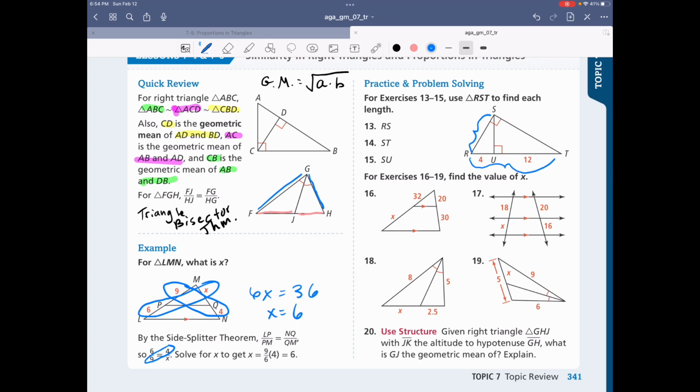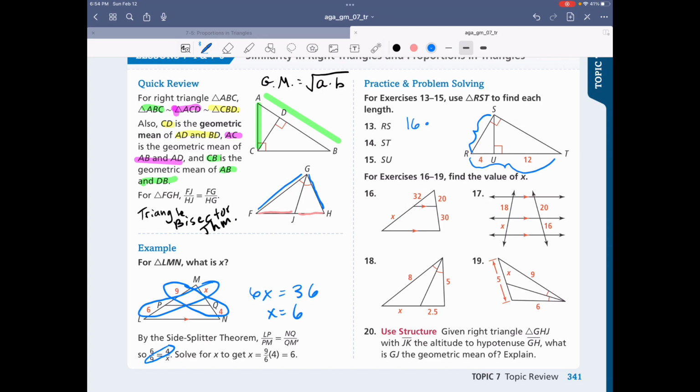Let's see, how would that look in our other triangle? If we kind of flipped it, we would be looking for this side. And so AC is the geometric mean of AB, which is the whole hypotenuse. So we're going to use this whole thing, 4 plus 12. So we're going to use 16.